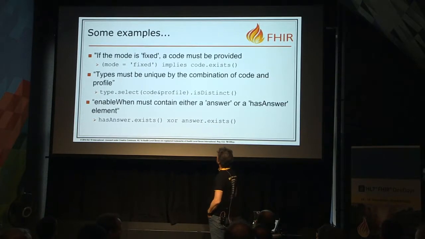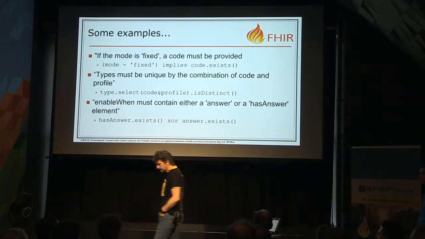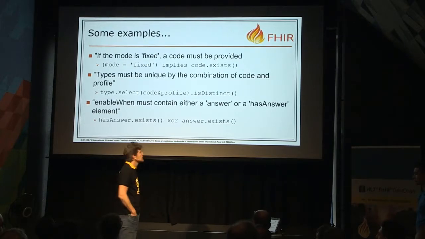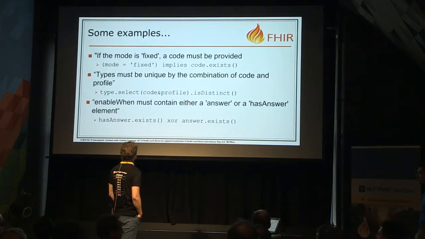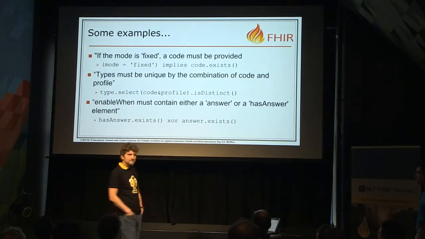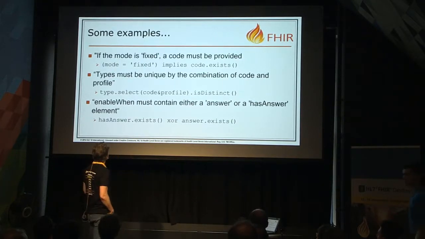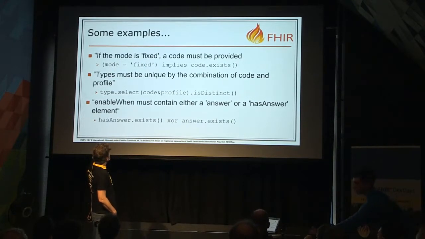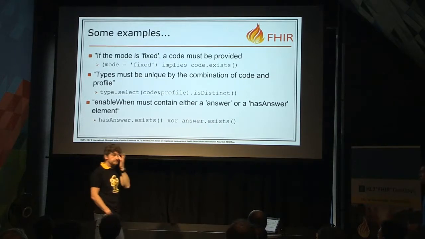You have a question with the distinctness of combination of code and profile. So I was just wondering, if there are multiple codes, it will fail, right? Yeah. In this case, code cannot repeat, so I know that.